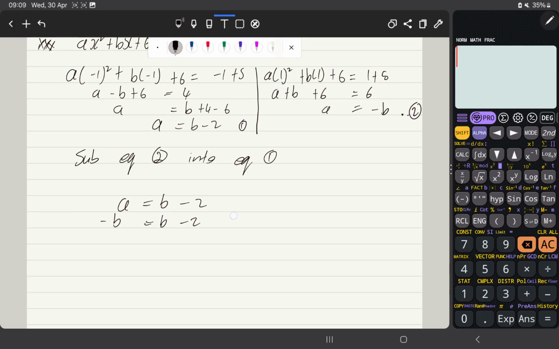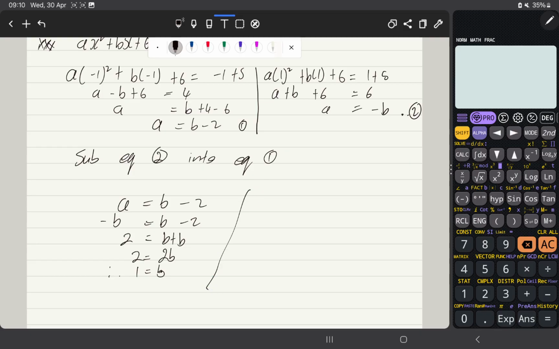So I transpose the 2 this side and bring the b this side. I have b plus b, so 2 is equal to 2b, therefore 1 is equal to b, right?